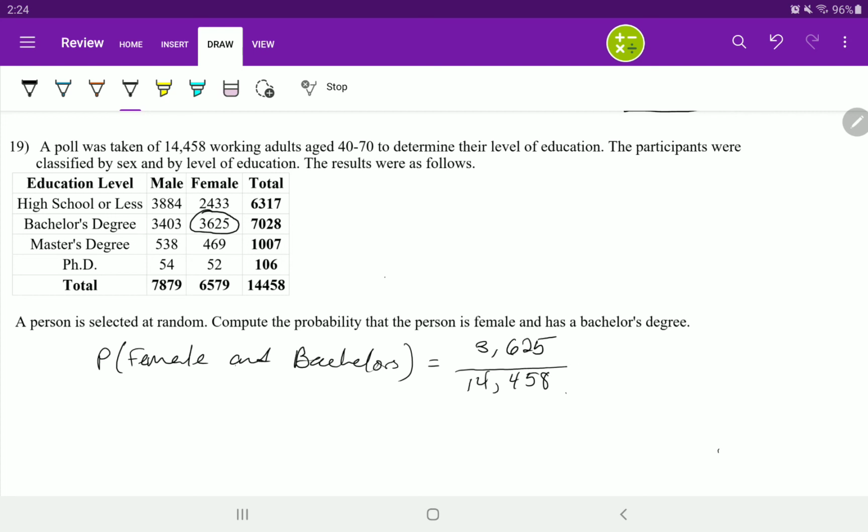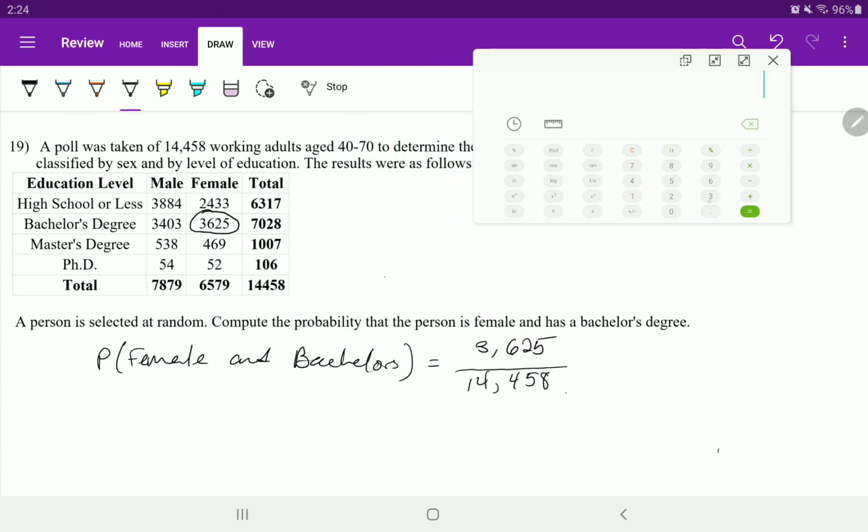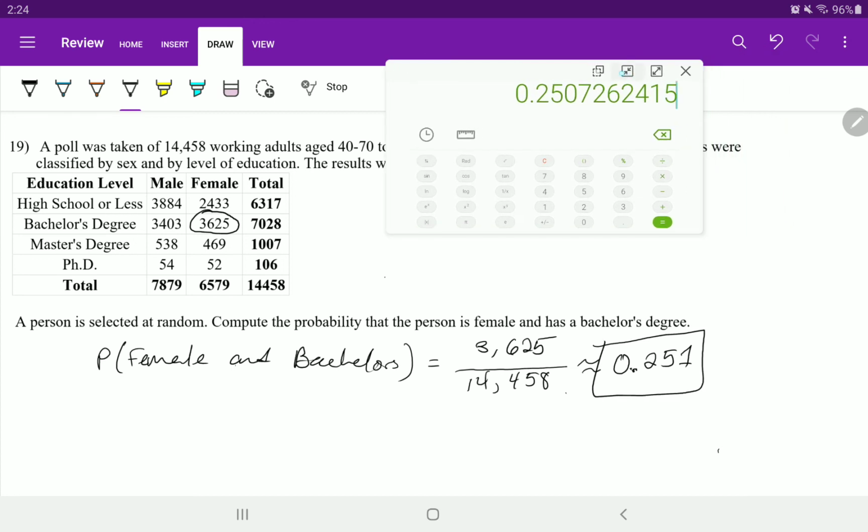And now we're going to divide that and round to 3 numbers after the decimal. 3625 divided by 14,458 is approximately 0.251, because that 7, we make that 0 and round up to a 1. And that is the answer to number 19.